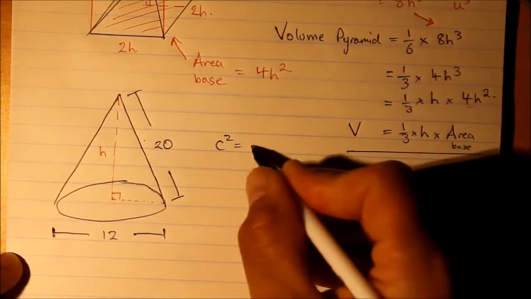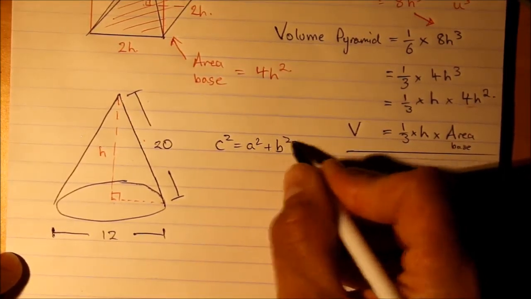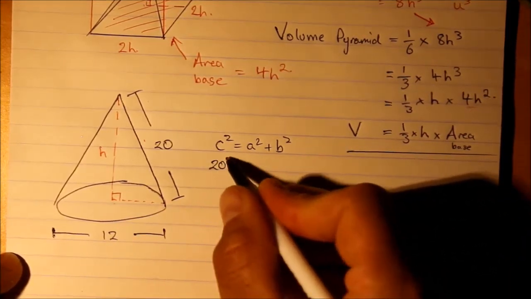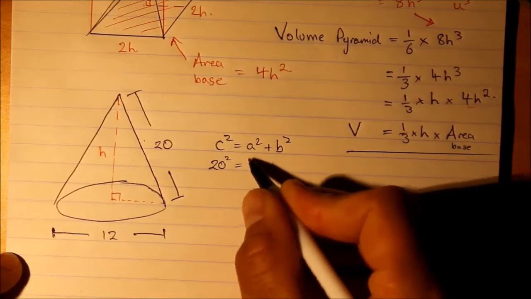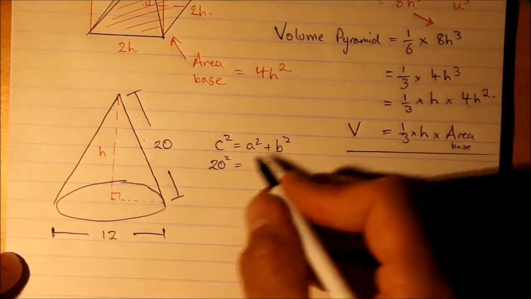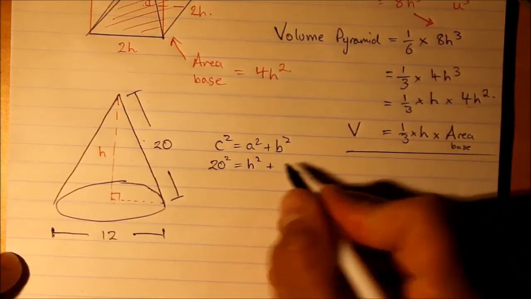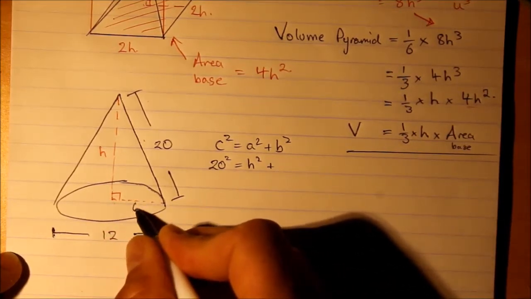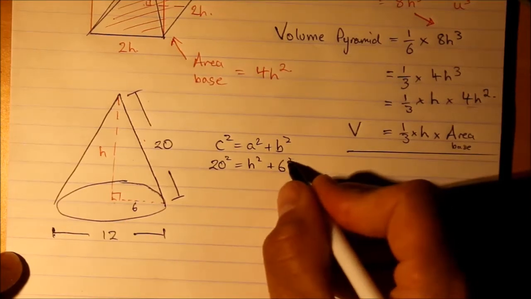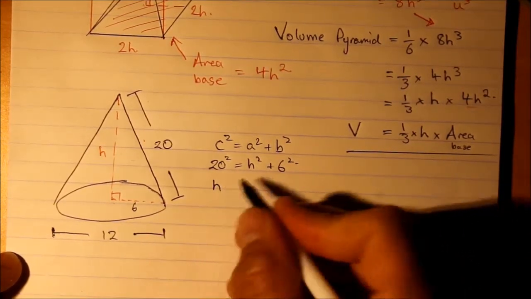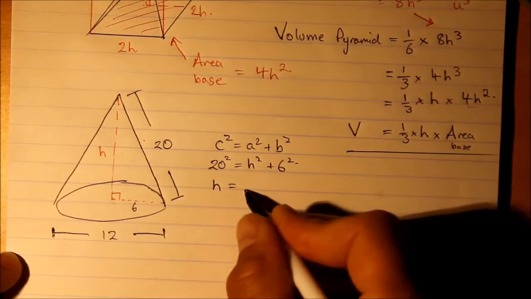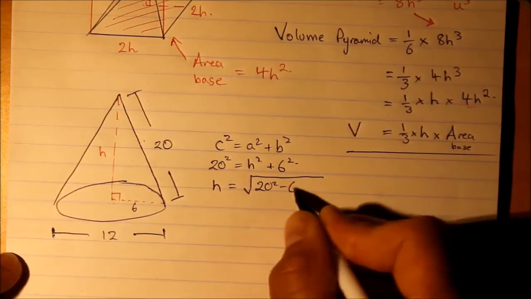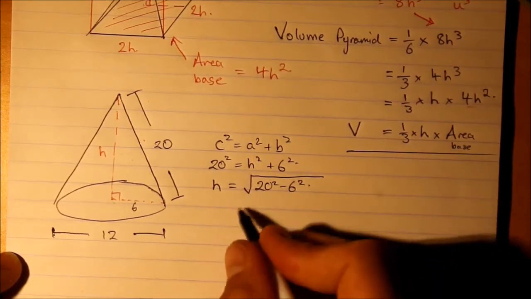C squared is A squared plus B squared, and so this is going to be 20 squared equals, we'll call A H, H squared plus, and what's this dimension here? It's going to be 6, 6 squared. So if we write it like this, 20 squared minus 6 squared, you can see where that comes from.